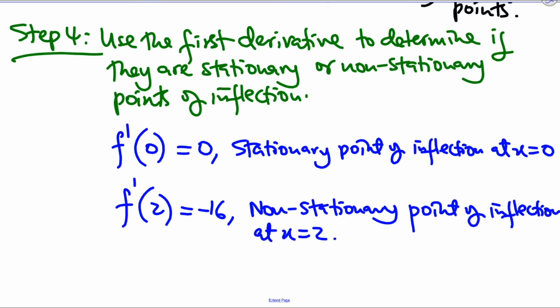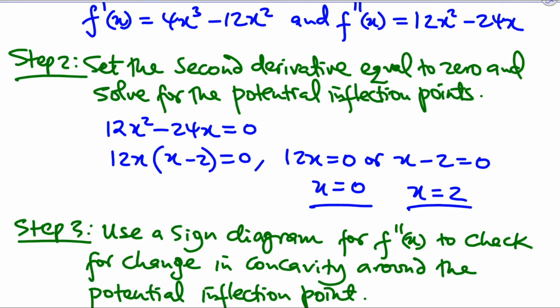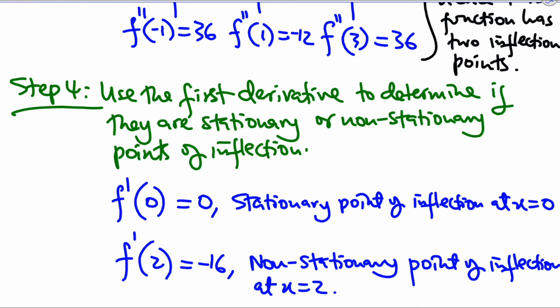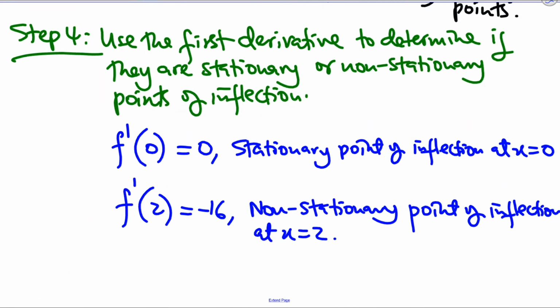So are we done yet? No. We need to find the point. So the point means we need to find also the y coordinate. So we need to go back and move to step 5. So step 5 will be finding the y coordinate.